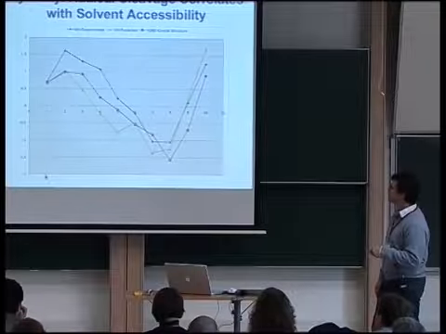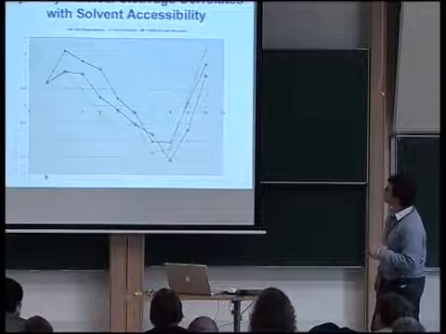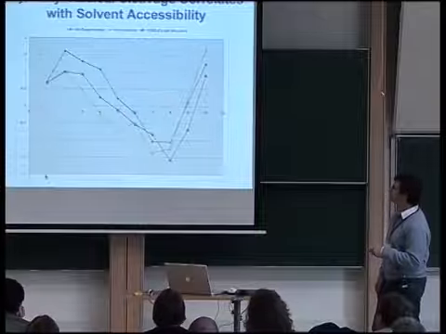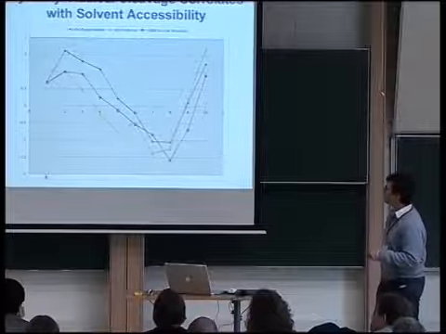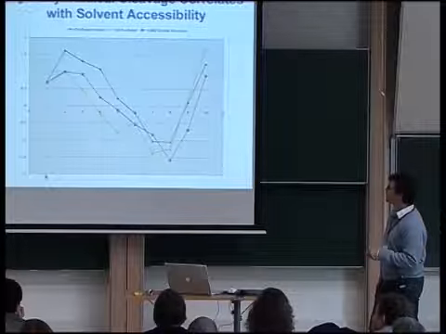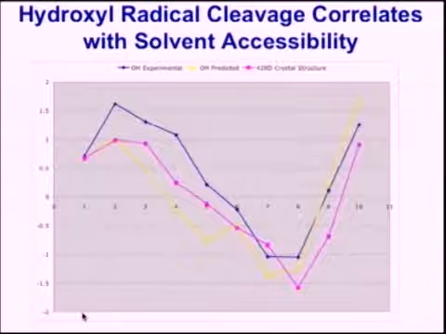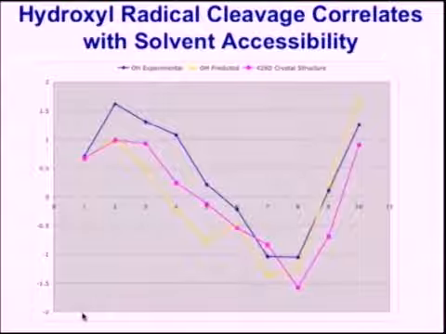And this is what the cleavage intensity pattern looks like. When you computationally examine the crystal structure of that dodecamer, the pattern of solvent accessibility of those 4' and 5' hydroxyls looks like this, which is very similar to the pattern that you see with the hydroxyl radical cleavage pattern.